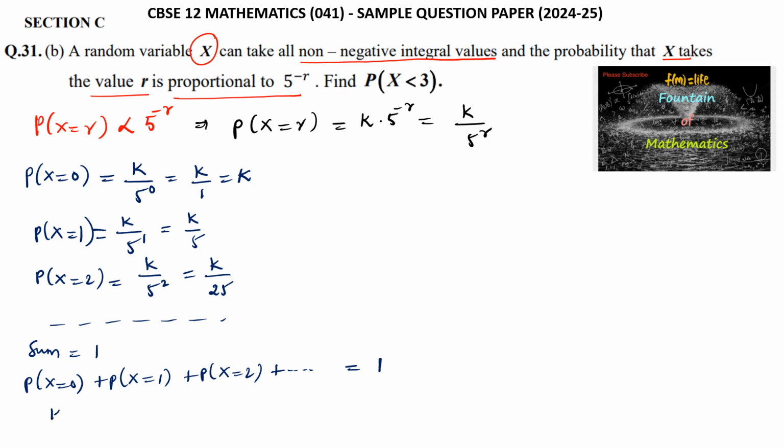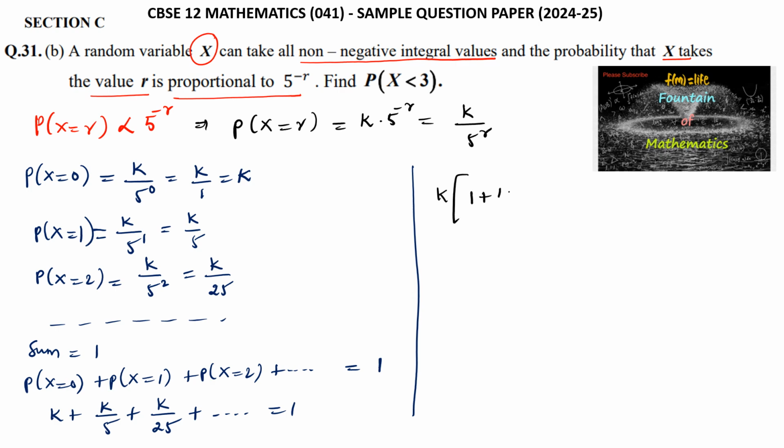So we can write k plus k by 5 plus k by 25 plus and so on is equal to 1. We can take k common and we can write here 1 plus 1 by 5 plus 1 by 5 square, that is 1 by 25, and so on is equal to 1, which is a geometric progression.